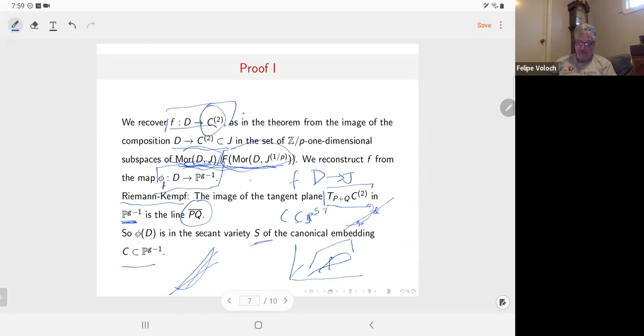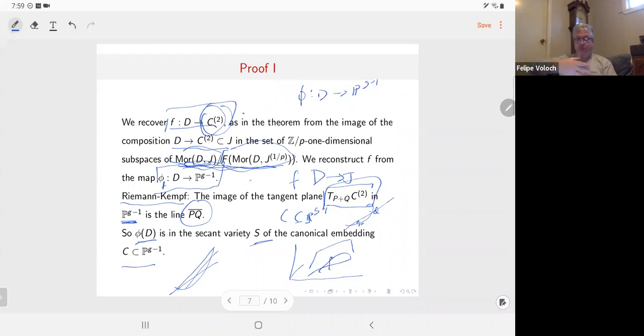And this point phi of D: remember, you have F from D to C squared, so you get a map phi from D to P^(g-1). How do you construct this map? You take the tangent line to D at the point. The image of D lives in C squared, so this tangent line is contained in the tangent plane of C squared.